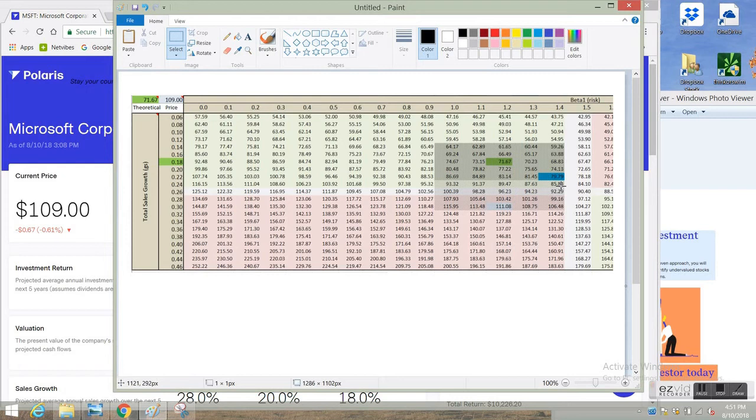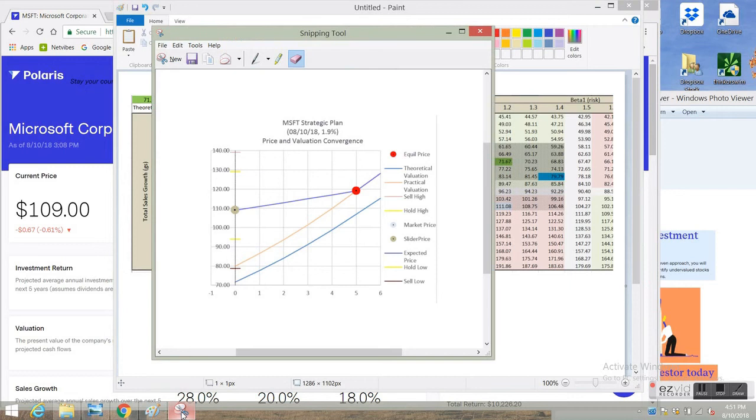So practical valuation is trying to build in how much wiggle room we can really expect from the market in a reasonable time frame, and based on that wiggle room of growth reassessment and risk reassessment, we feel the best case would be maybe to get it down around $80 or $79.79. That becomes the practical valuation.